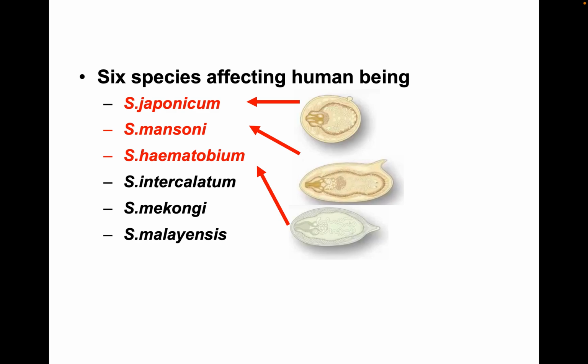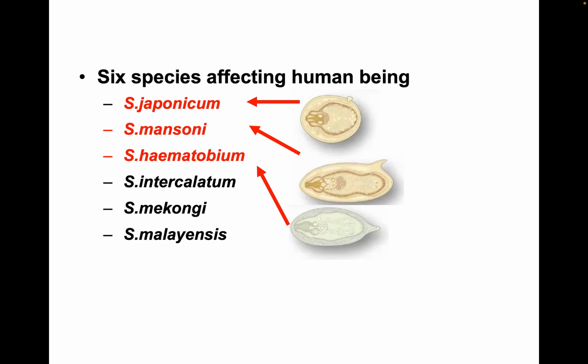Although the eggs look different, and you can see they all have a spike, the spikes look a little bit different among them. Depending on the species, their eggs may rest in different places, and you need to test different tissues to find the eggs.